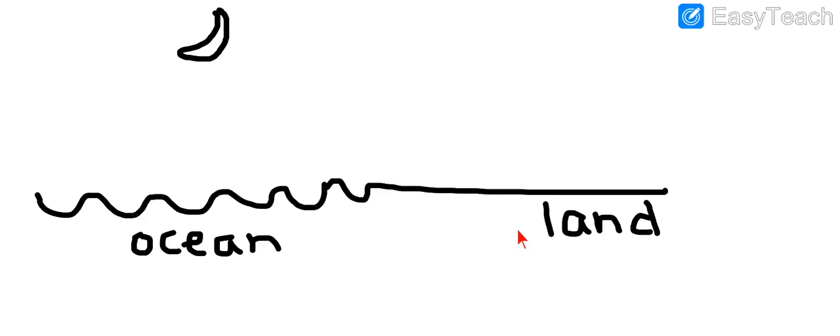Okay, so if you remember in a sea breeze, we had the cool air over the ocean and the warm air over the land. Well, it's not going to be the same when we get to a land breeze because if you recall, we said different surfaces heat and keep heat differently.